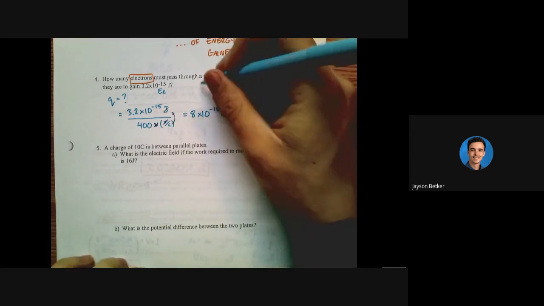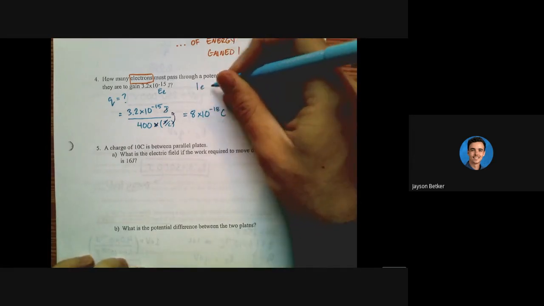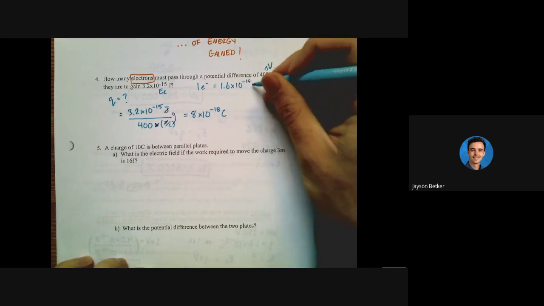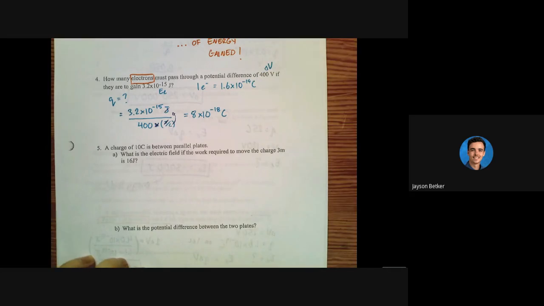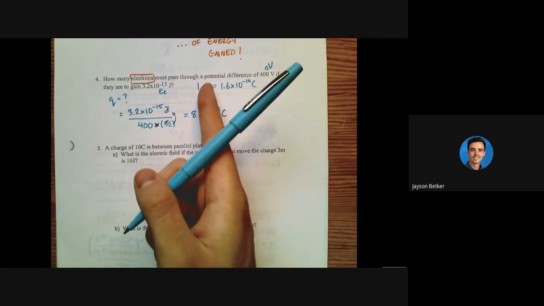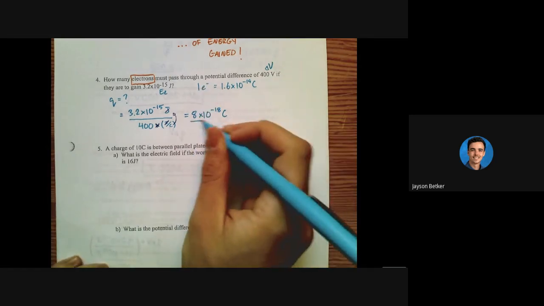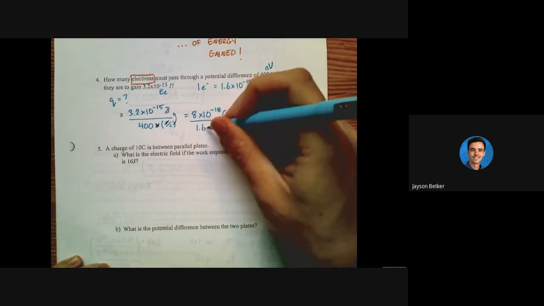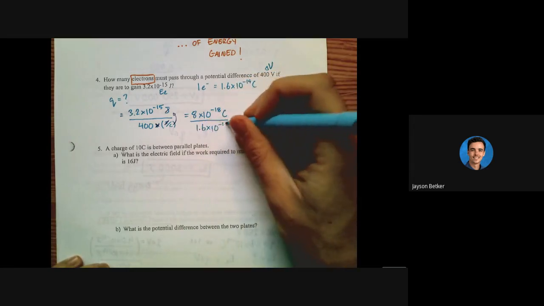Now, if I know that much charge was involved, I can remember that one electron is equal to 1.6 times 10 to the negative 19 coulombs. So if I convert from coulombs to the number of electrons, I take 8 times 10 to the negative 18 and divide it by 1.6 times 10 to the negative 19 coulombs.